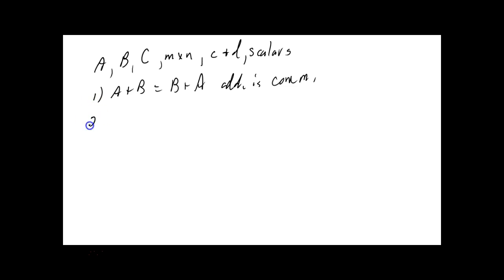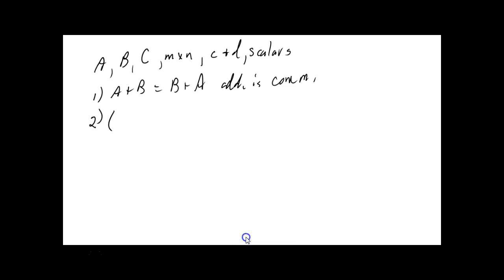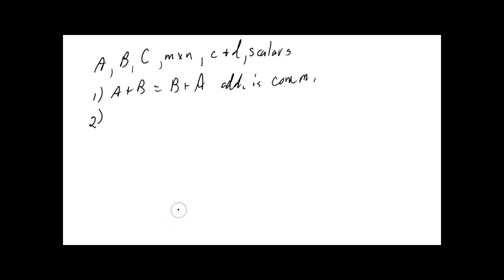Okay? 2, A plus B plus C is the same as A plus B grouped together plus C. Now this is only true, of course, if they are the same size. That was given. They are all M by N matrices.